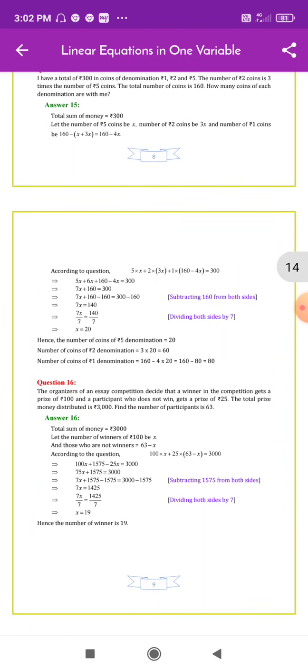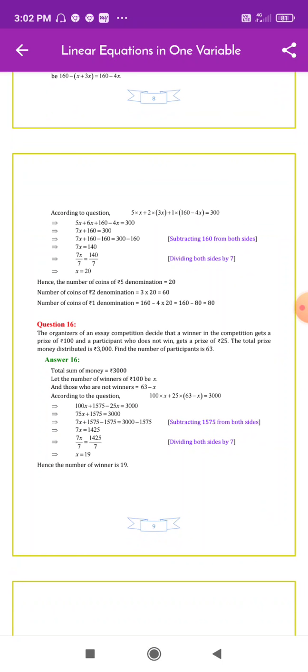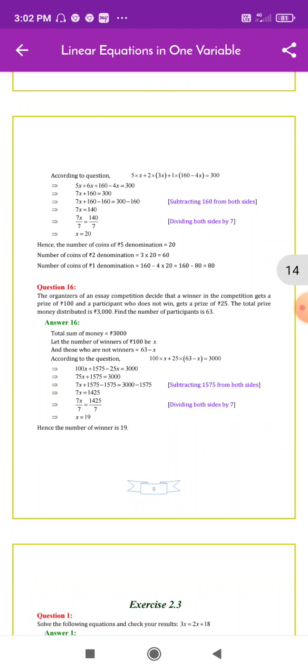Instead of 7x you have to write 75x, and then find the answer.